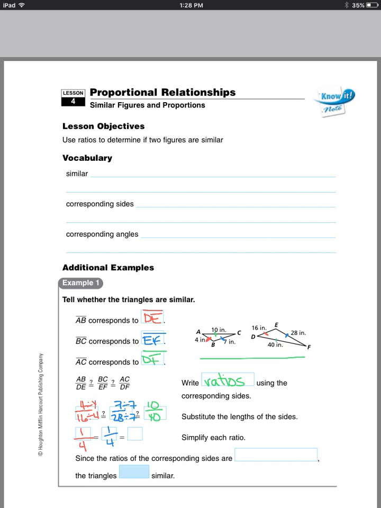And the last one, 10 and 40, both can be simplified by 10. 10 divided by 10 is 1. 40 divided by 10 is 4. Since the ratios of the corresponding sides are equivalent, meaning we got the same answer on every single one when we simplified, the triangles are similar.